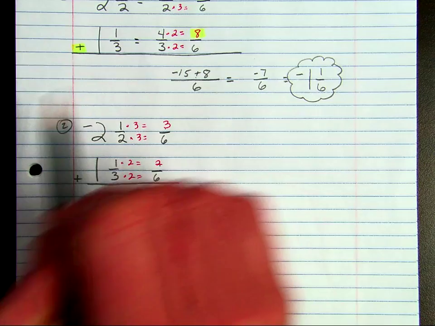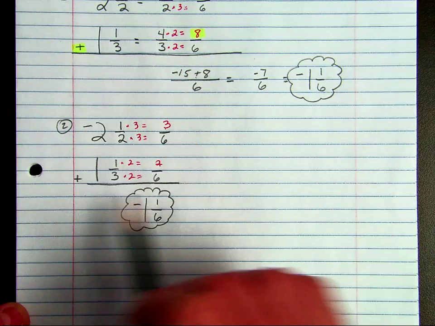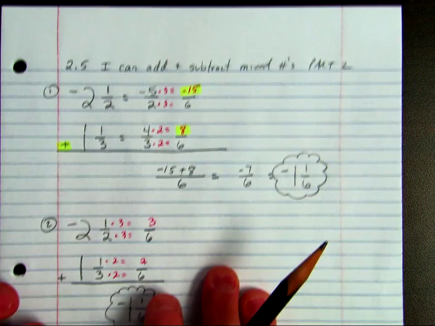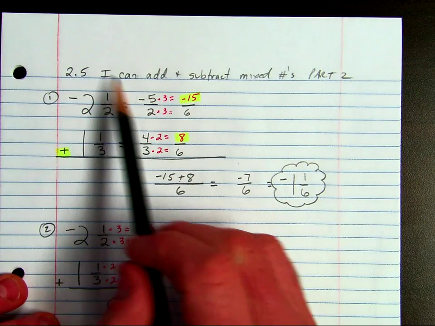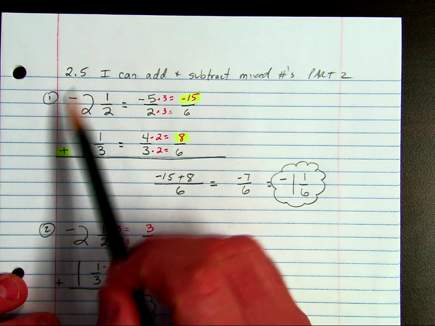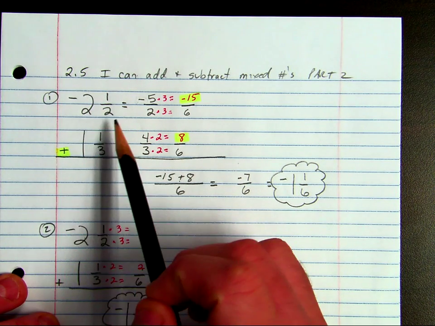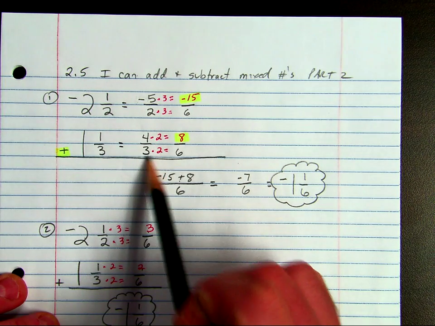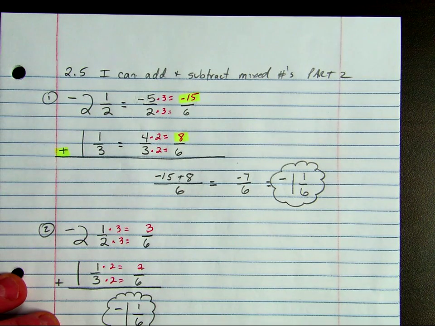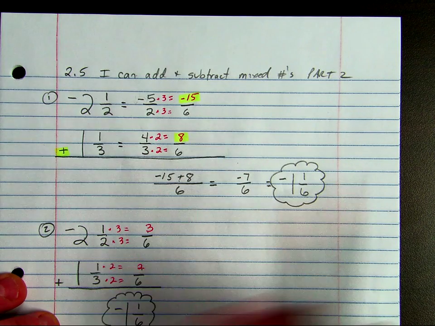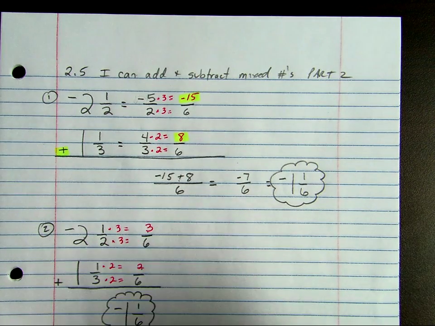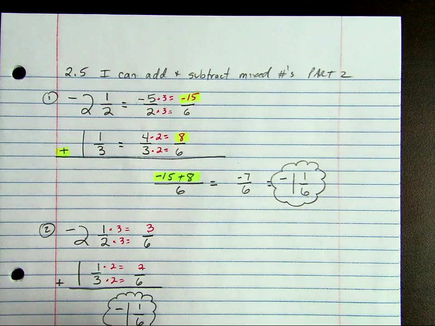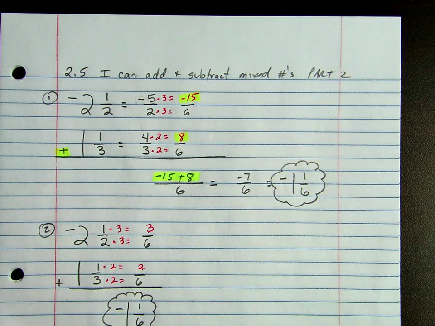But if you don't know the rules, or you get confused about the rules, you might want to seriously consider doing process 1, where you turn these into improper fractions and then find the common denominator and the equivalent numerator. That way you get this nice, pretty numerator. Negative 15 plus 8. You know you're supposed to subtract. Subtract them.